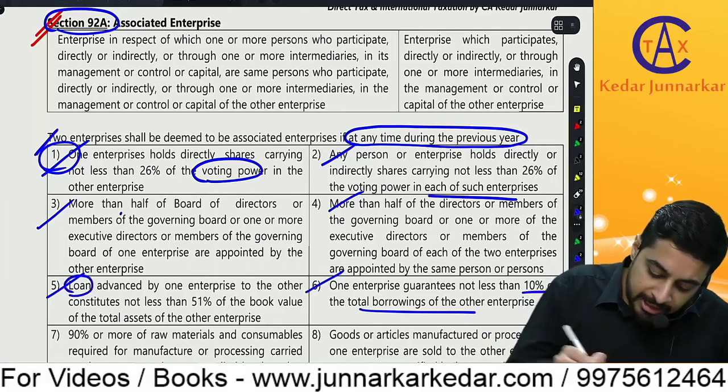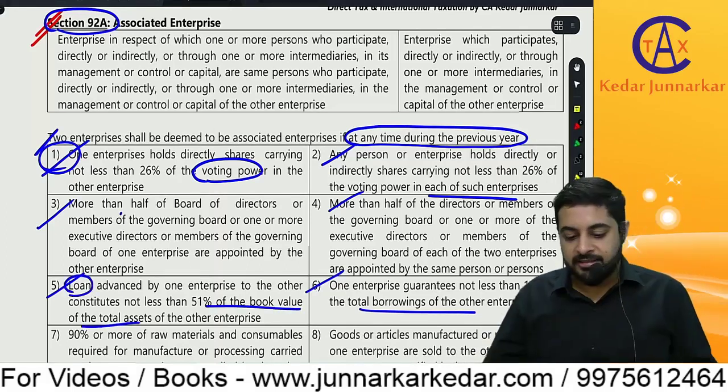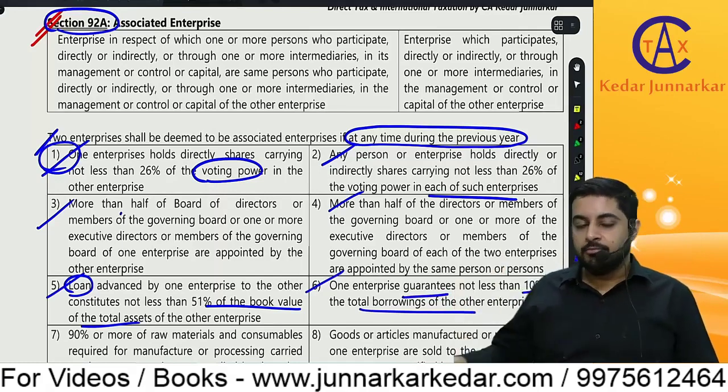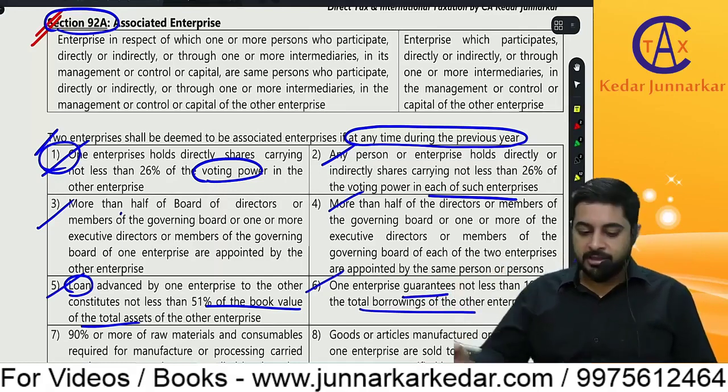So relating to loan, it is 51% of book value of assets, and relating to guarantee, it is 10% of the borrowings of the company or the enterprise.